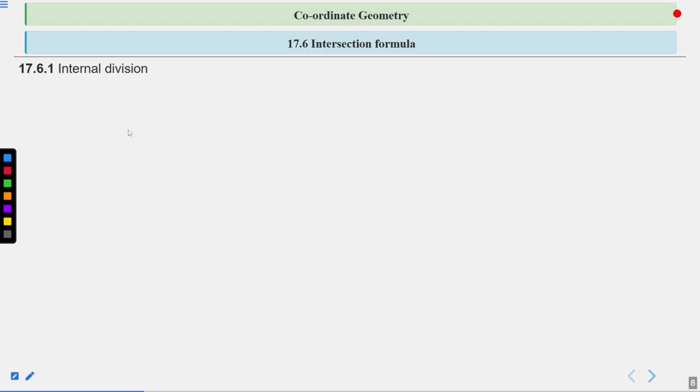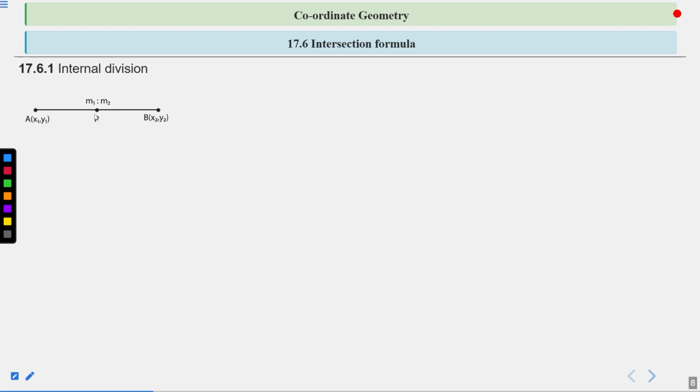Section formula, internal division of a line. This is a point P in between A and B. We have the coordinate of A, which is x1, y1, and the coordinate of B, which is x2, y2, and there is a point P which divides line AB in the ratio m1 to m2.